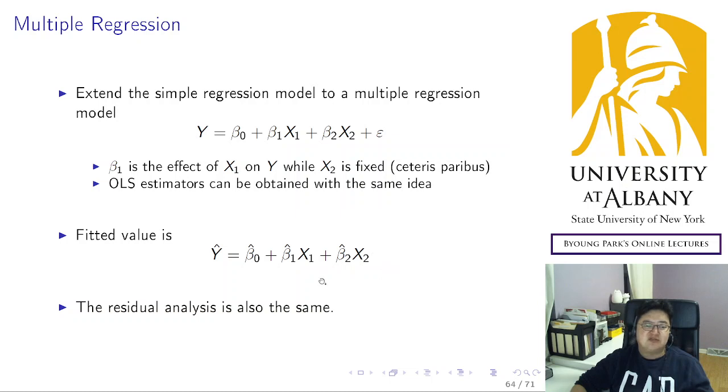Epsilon does not exist, and use beta 0, beta 1, beta 2 estimators. And residual analysis can be done in the same way. Like you may calculate the sum of squared errors, you may calculate the regression sum of squares, you may calculate total sum of squares, you can calculate r squared, and you can calculate whatever, like almost everything can be done in the same way.